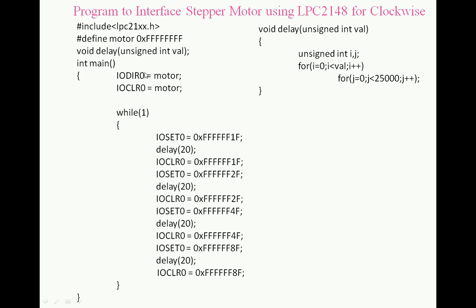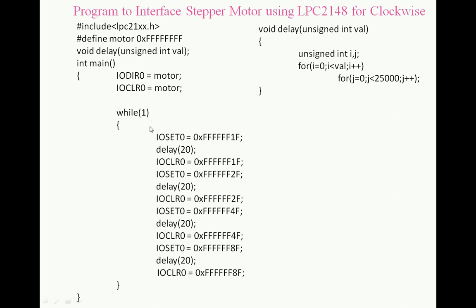We have specified all ones, which means all the port 0 pins are made output pins by this statement. The next one is IO clear 0 equal to all ones, that is, we are storing all ones in the clear register, so the port 0 pins have low values. Why? Because clear is activated, right? All 32 pins of port 0 have low values by this statement. So at the very beginning the motor is not activated, because low values are passed through the pins of the motor.